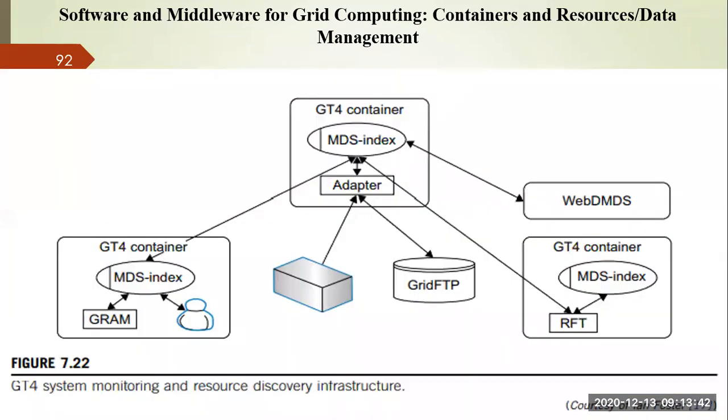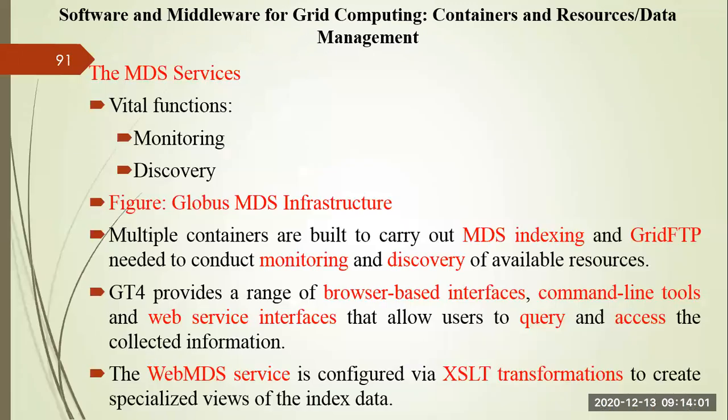The different containers are built to carry out the MDS indexing. In each and every one, there is indexing, GridFTP, grid file transfer protocol, and other functions that are required to conduct the monitoring and discovery processes, right?